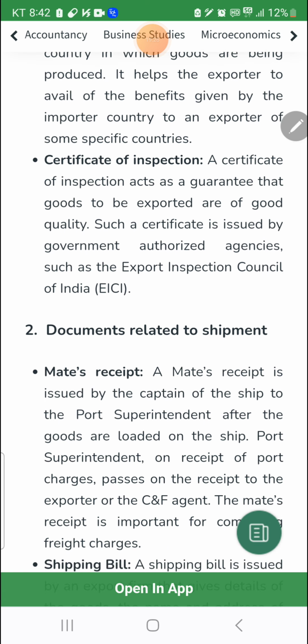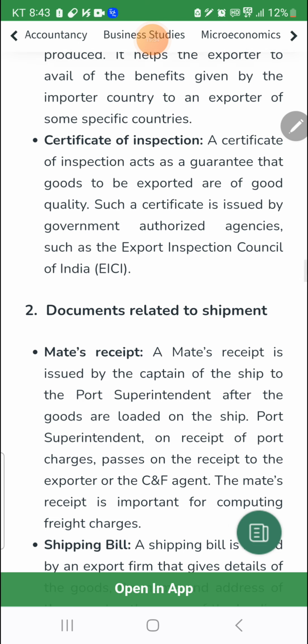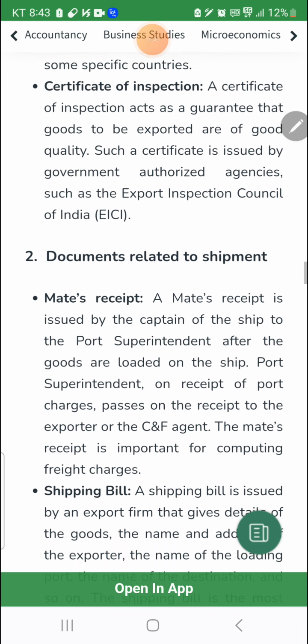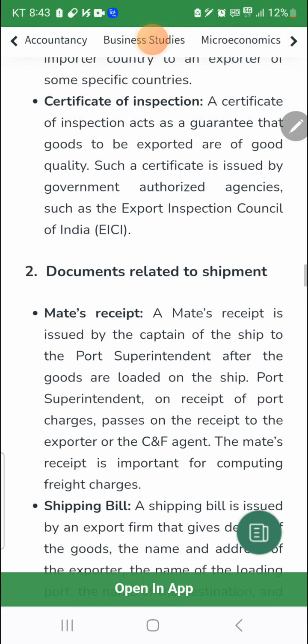A certificate of inspection acts as a guarantee that goods to be exported are of good quality. Such a certificate is issued by government-authorized agencies such as the Export Inspection Council of India, EICI.